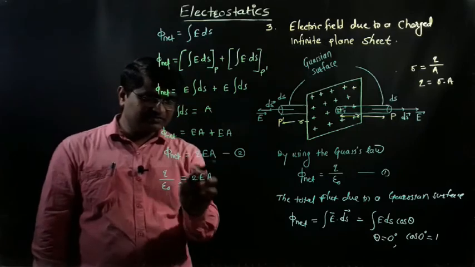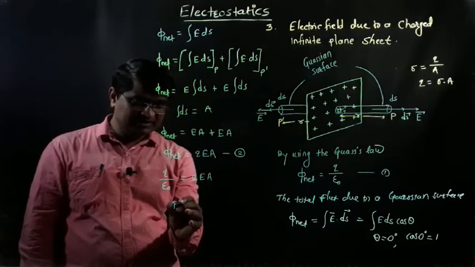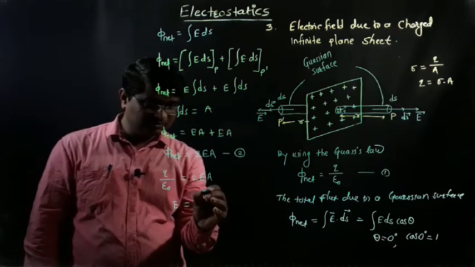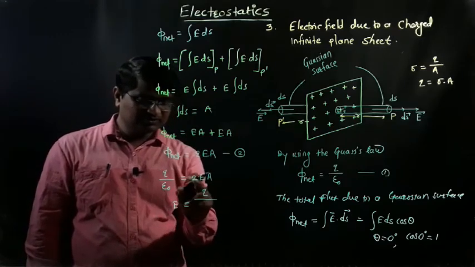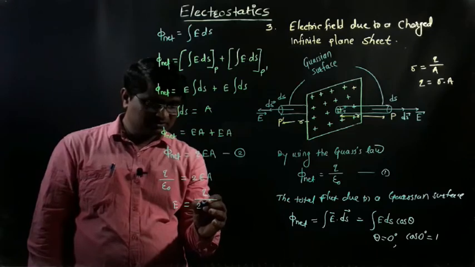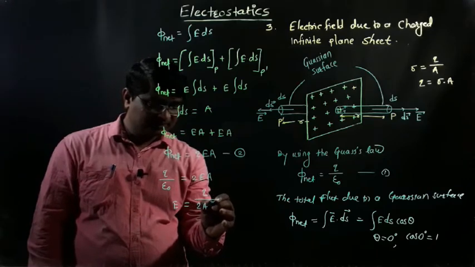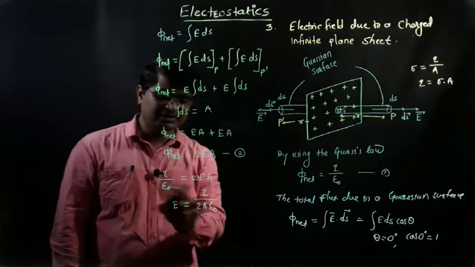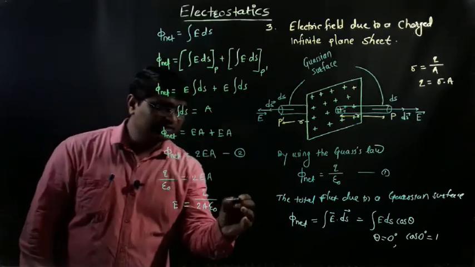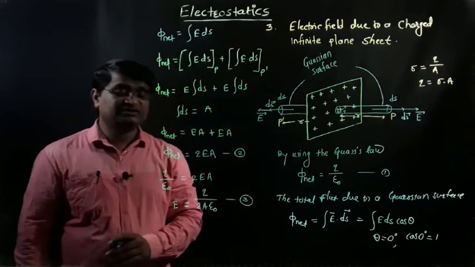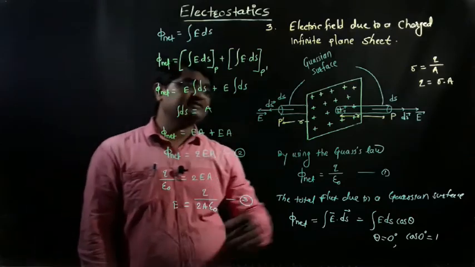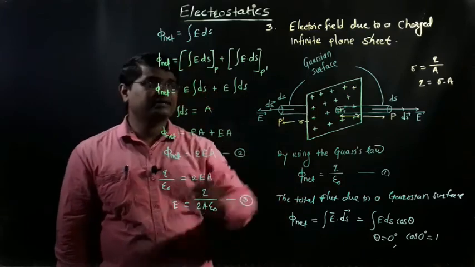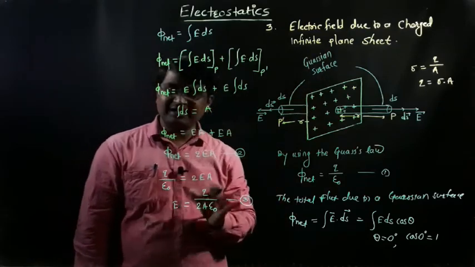According to this equation we can find the electric field intensity E, which is equal to Q upon 2A into epsilon naught. Call this equation number 3. This equation number 3 indicates the electric field intensity at the points P and P dash at the distance r due to the infinite plane sheet.